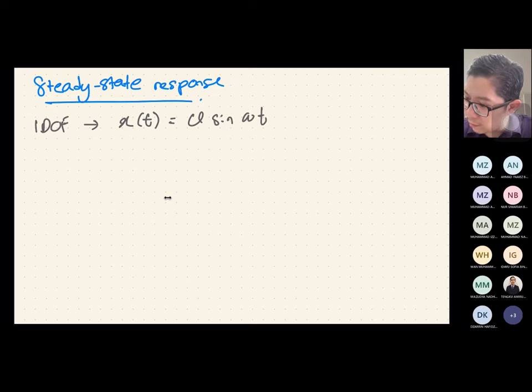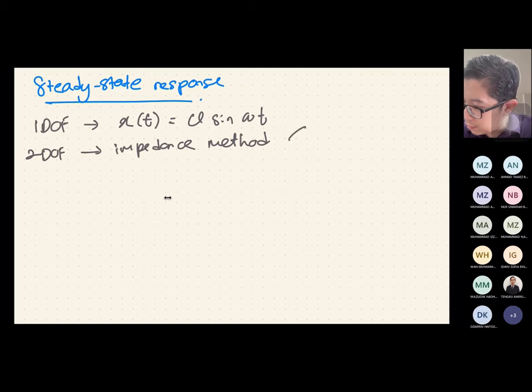Okay, so what we need to do is find the U. You can refer back to chapter 3 for this. But I'm going to go into 2 degree of freedom, where instead of defining the steady state response as just x(t) = U sine omega t, I will still do the same, but in a 2 degree of freedom system or multiple degree of freedom system, we use the impedance method.